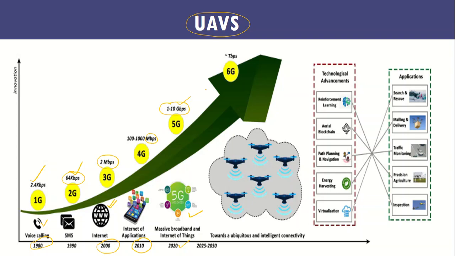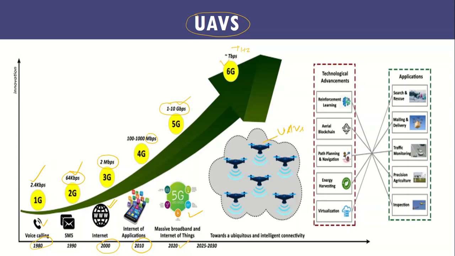The 6G removed some limitations of 5G. 5G used the gigahertz spectrum, and 6G uses the terahertz frequency spectrum. In 6G there are UAVs, unmanned aerial vehicles.